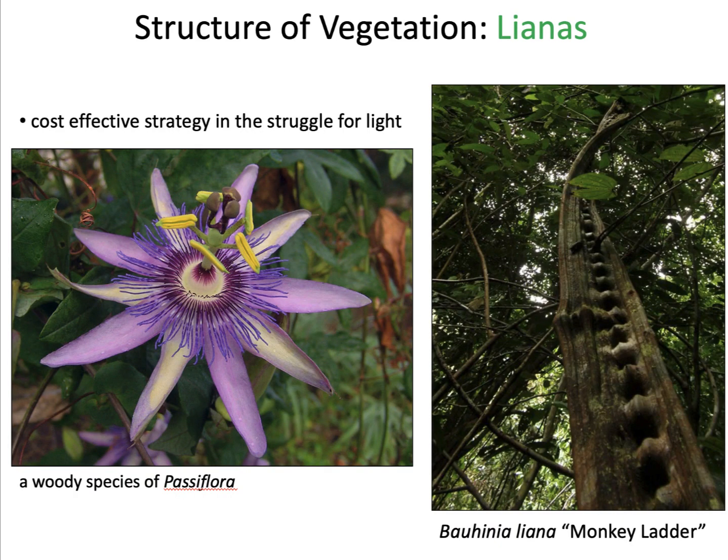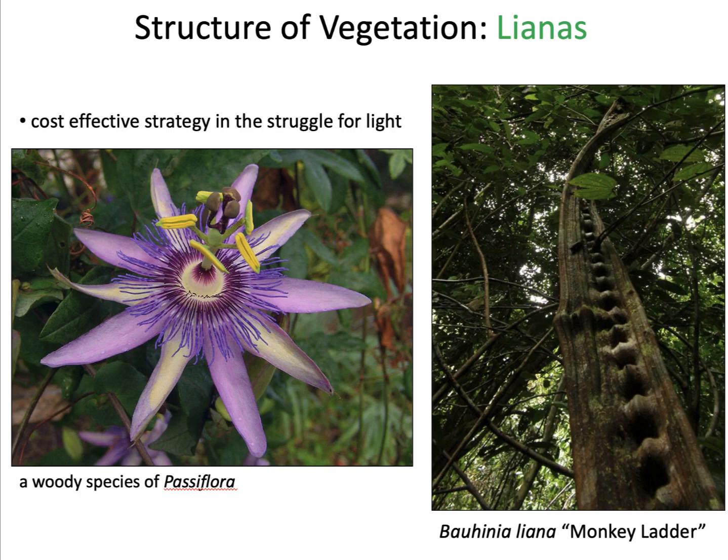All right, next up in our exploration of the structure of vegetation are what are called lianas. And lianas are woody vines. Often lianas have very long stems that are rooted in the soil. And once that plant germinates, it's a race to the top because there's very little light down on the forest floor.